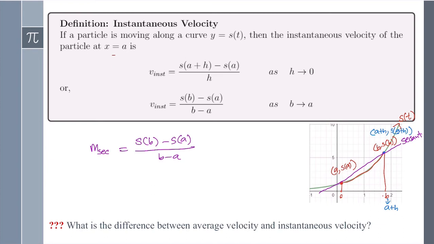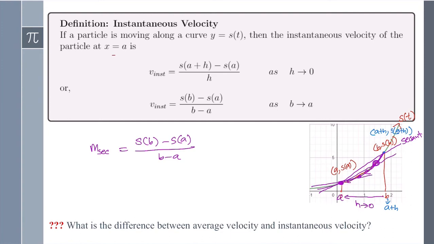Now what we are doing here is moving this point very, very close to this point right here, or moving this B very, very close to A, making the distance between A and B approximately zero. As we move this over here, now this is the secant line. If I move that further here, I have another secant line.